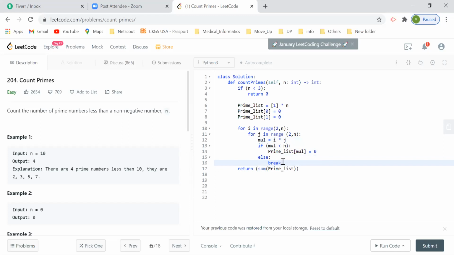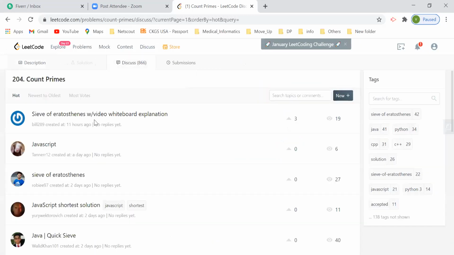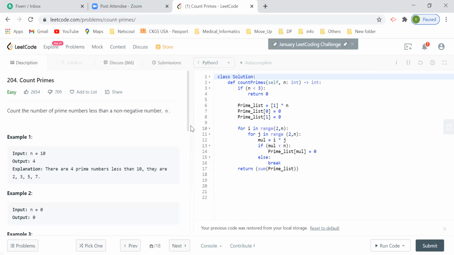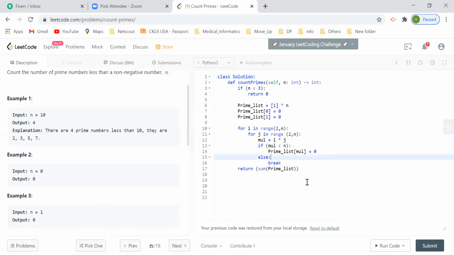Right. So do you know the name of this algorithm? Did you figure it out by yourself, or did you check some articles? Yeah, there was one discussion on this. Okay, so it has moved past, right? I went through that one before writing this.